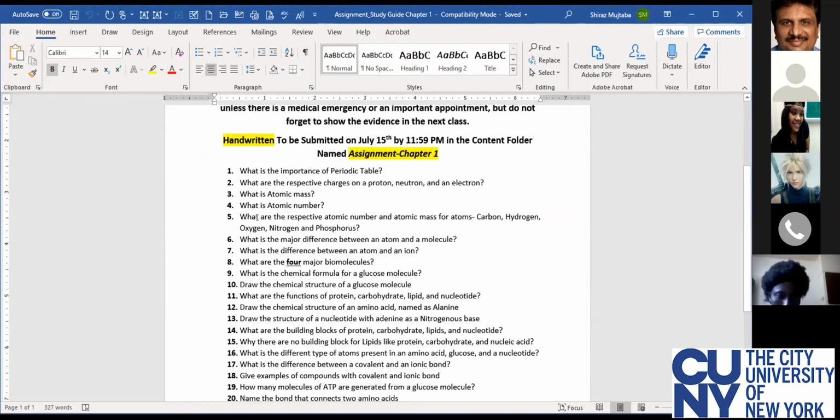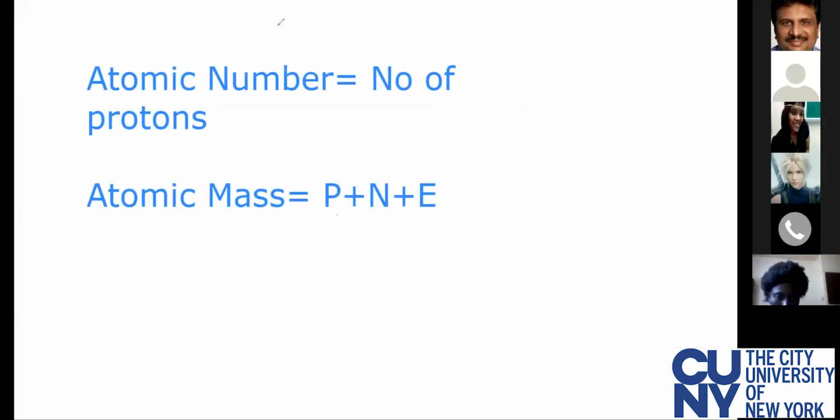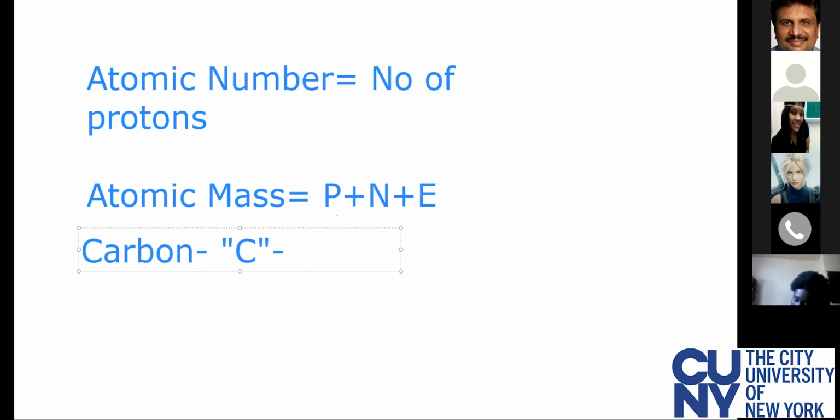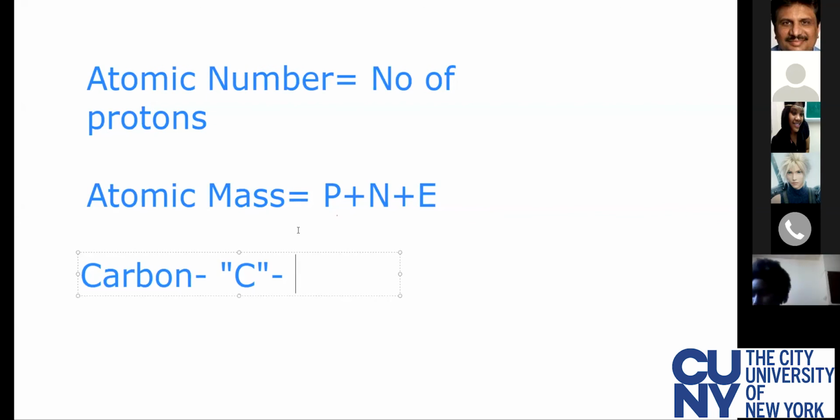Now the fifth question is, what are the atomic number and mass for the atoms carbon, hydrogen, oxygen, nitrogen, and phosphorus? Each atom in the periodic table is represented by a single letter.